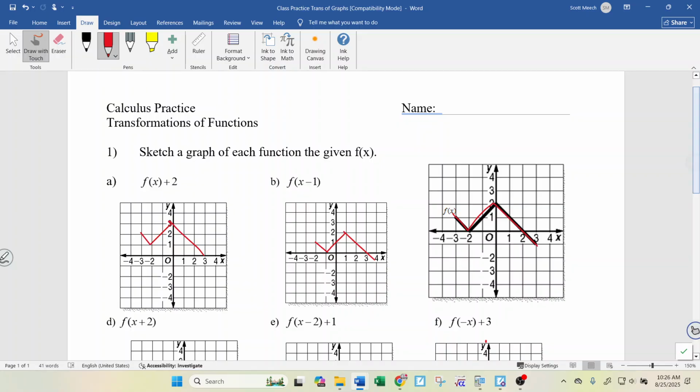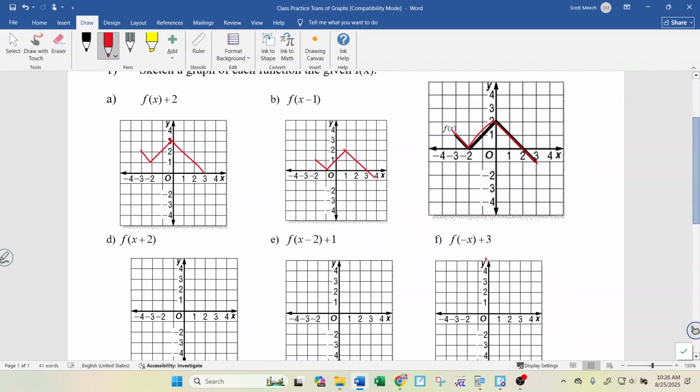If we had x plus 2, that would move it to the left 2. So it would be over here. If you had minus 2 plus 1, that's going to move it to the right 2 and up 1.